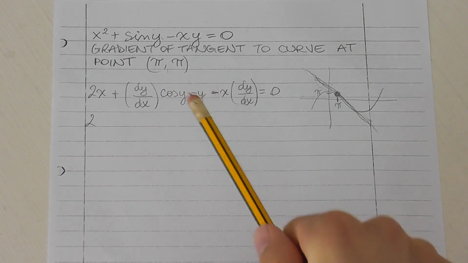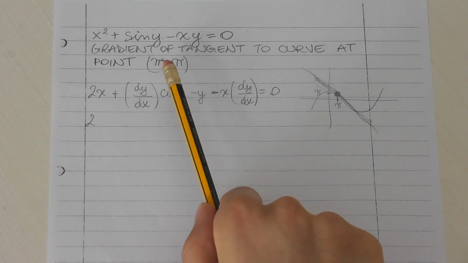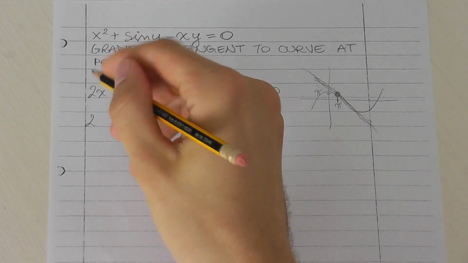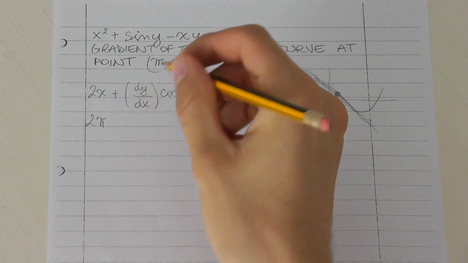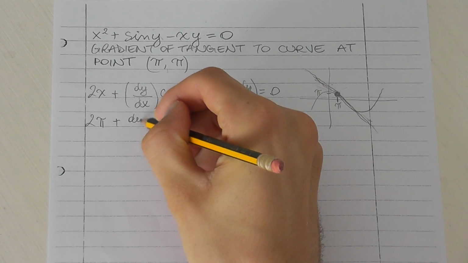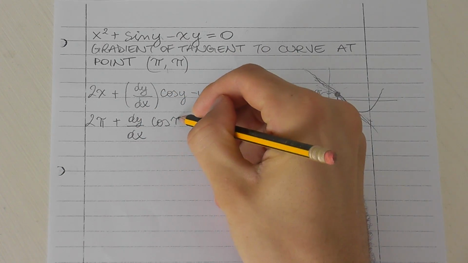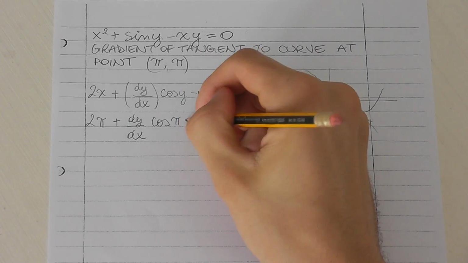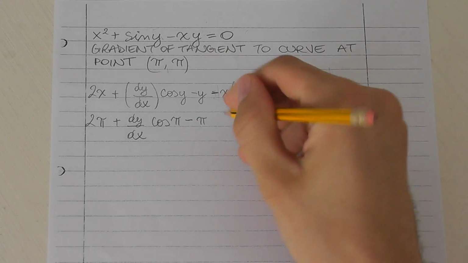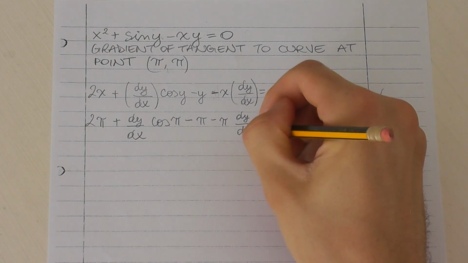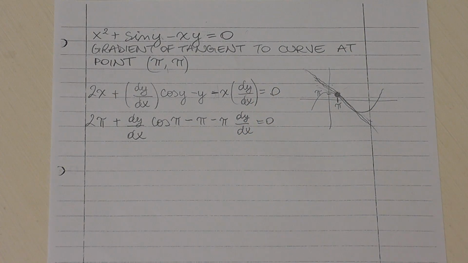And it's particularly easy in this case because the point is pi, so there isn't really a lot of thinking, just plug it in. 2 pi plus dy dx we have to keep the same. Cosine pi, notice that these are going to start falling out very nicely. Minus pi times dy dx is equal to 0.